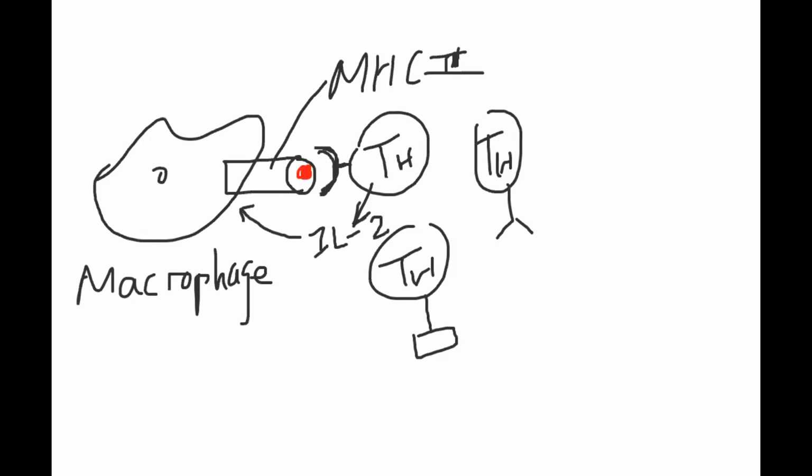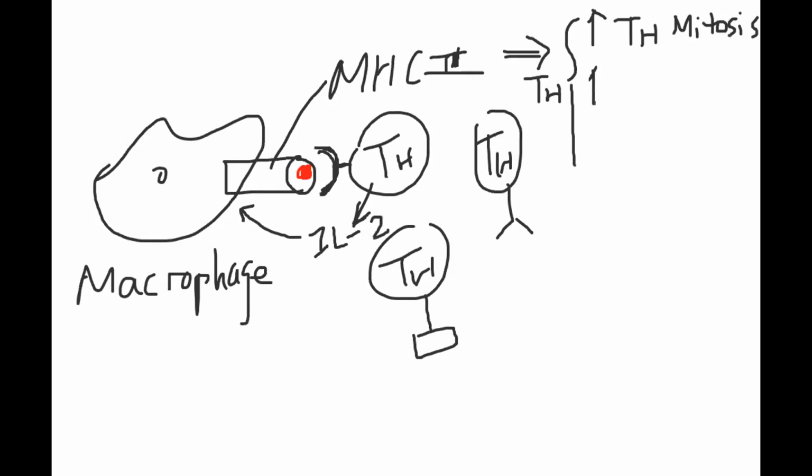Once this stimulation takes place, the T helper is going to do the following things. First, it's going to stimulate T helper mitosis to make more T helpers to help with this process. Number two is going to help T killer cells to make more T killers by speeding up mitosis.